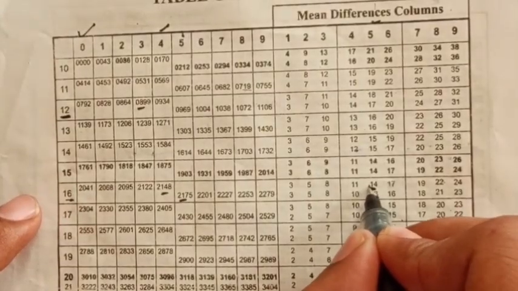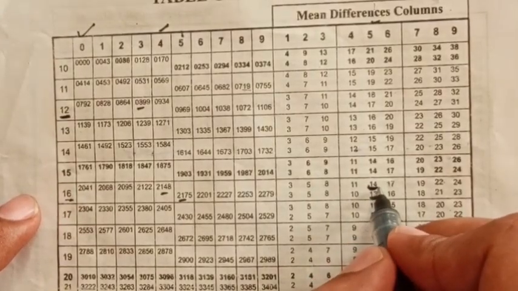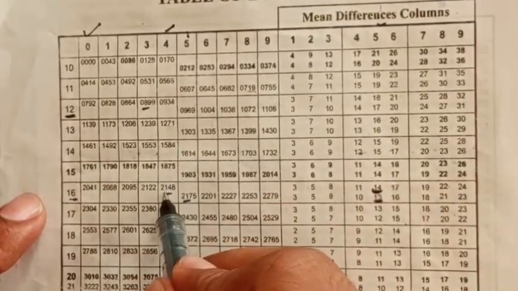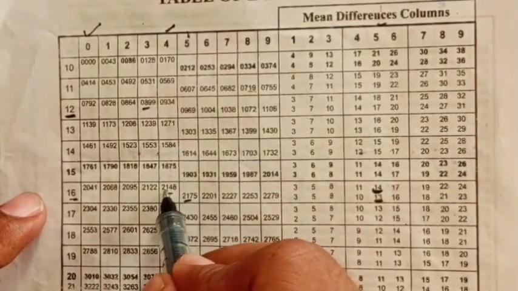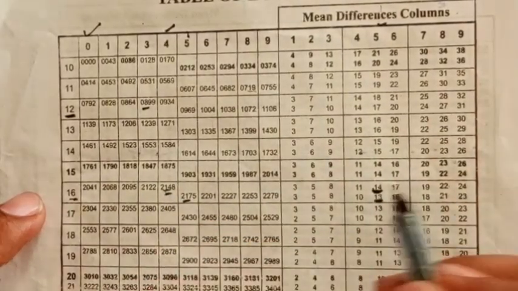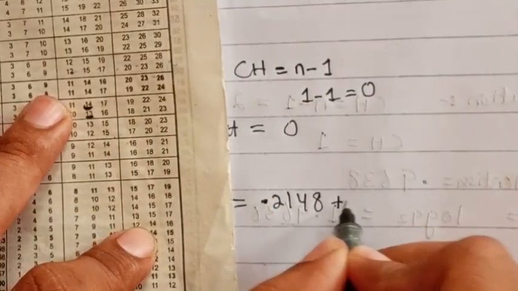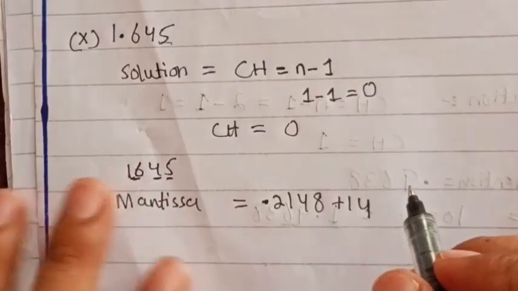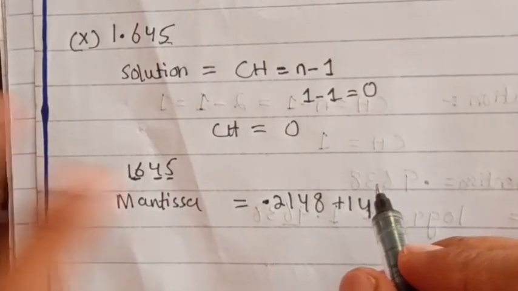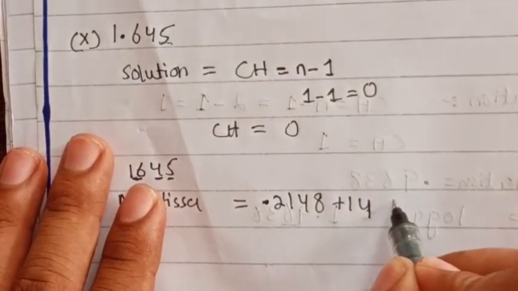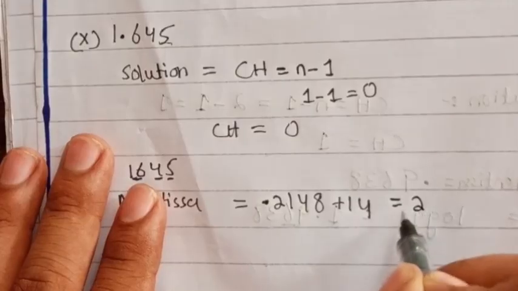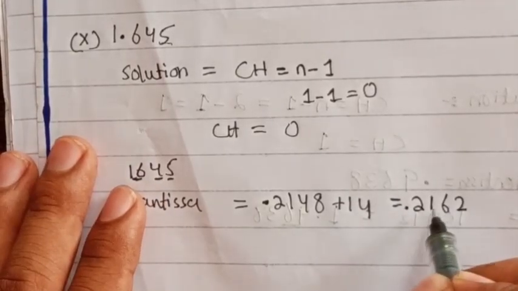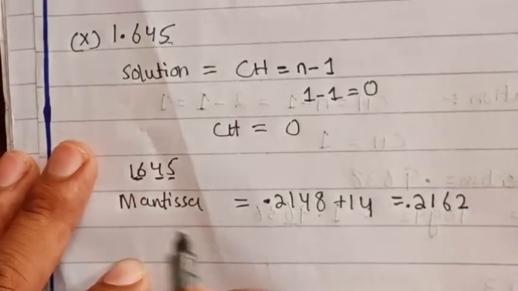I will take this top value 14, because my value of 16 in the fourth column is 2148. Now you will add 14 to 0.2148. So your answer will be 0.2162. It is your mantissa.